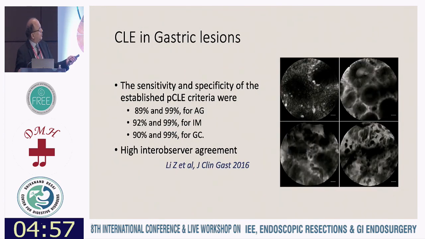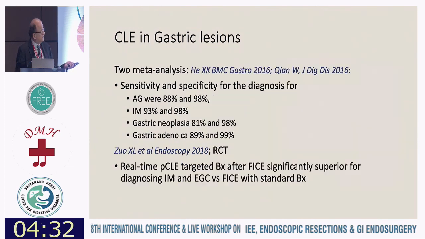So let's come to the stomach. The sensitivity and specificity of established criteria was almost 90% and 99% for atrophic gastritis, more than 90% in intestinal metaplasia and for gastric cancer, and very high inter-observer agreement. I think this is one area which may see use for this technique.